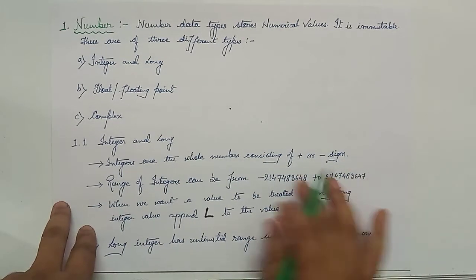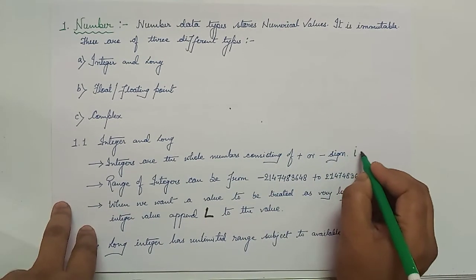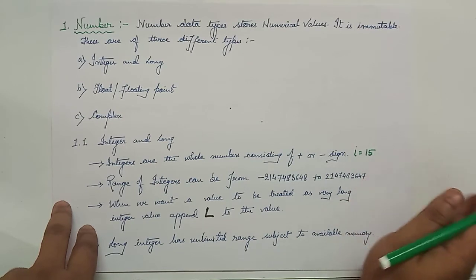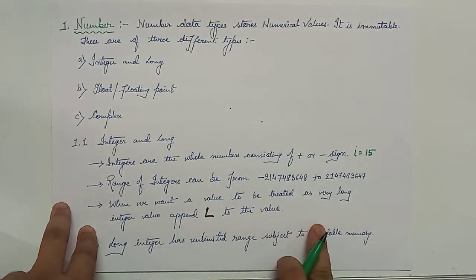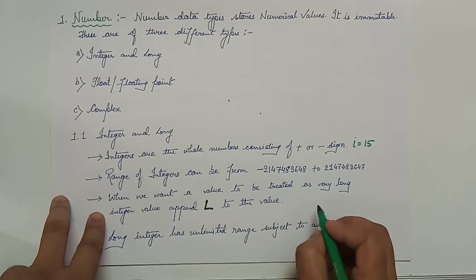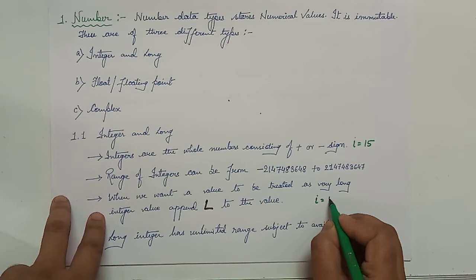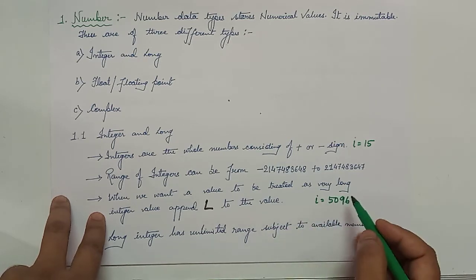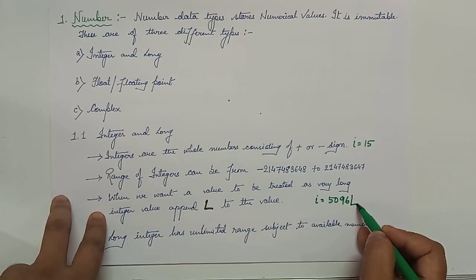Let's say an integer, if you want to store, it's very simple. i equals 15. So this is how the integer is saved. But if you want to store a long integer, you have to write something like this. Let's say you have written a number and you want to represent it as a long integer, you have to write L after it.